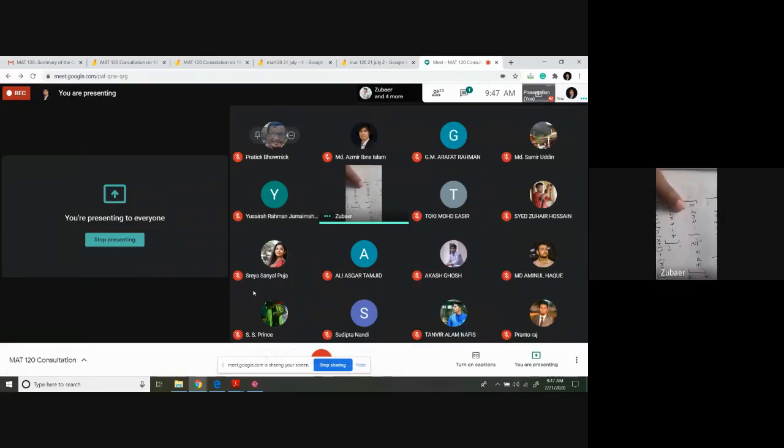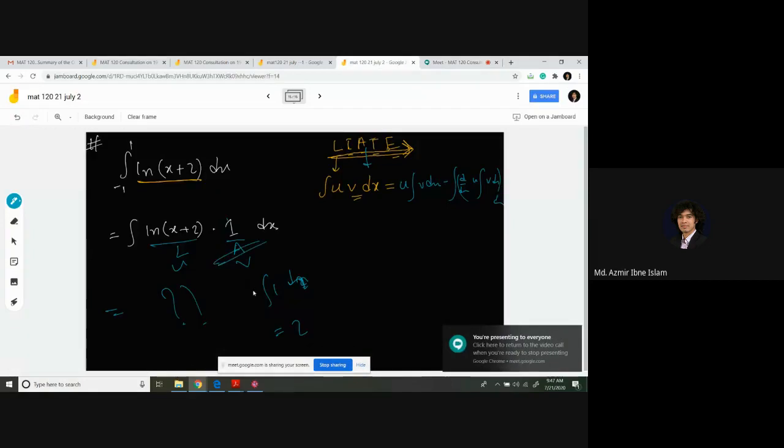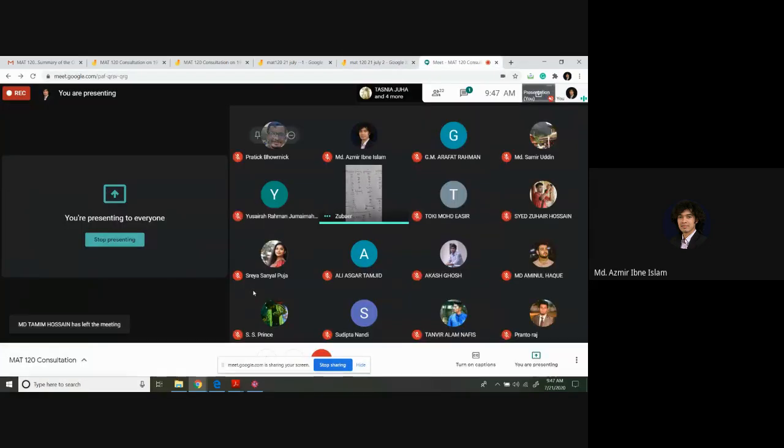Sir, but this is also the formula of integration by parts, isn't it? Yes, it's okay, no problem. Sir, where is the problem? The problem is in the upper part, whatever I have shown here.